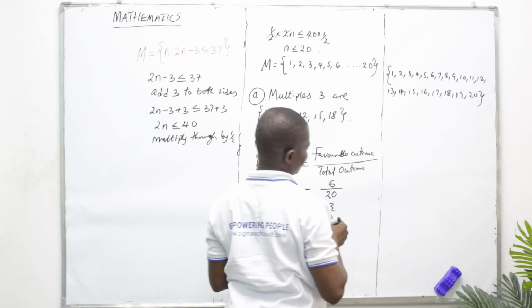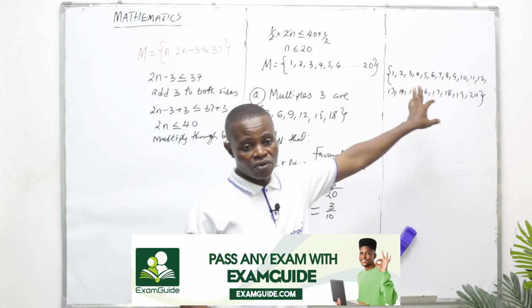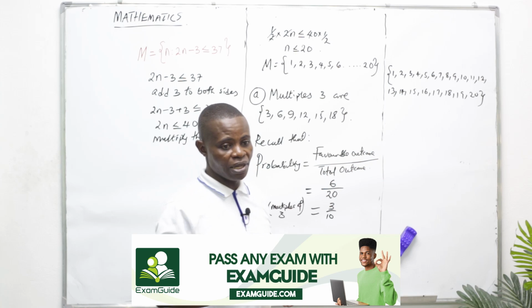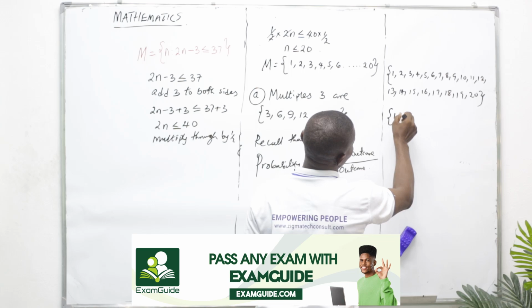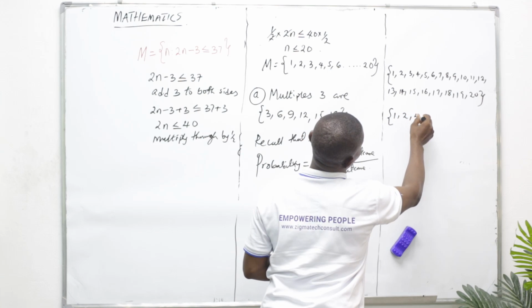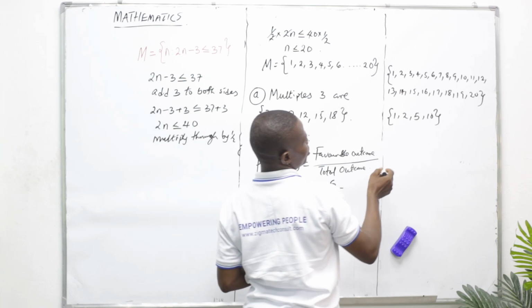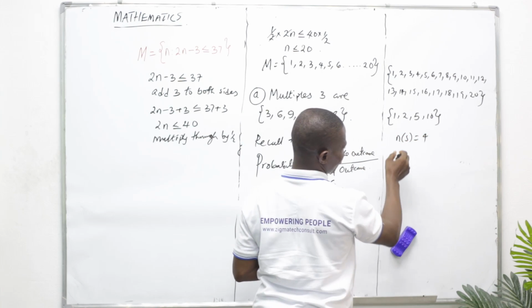This is all, have you? Okay. So look at the set of numbers we have here. From it, we are interested to get the factors of 10 alone. So the factors of 10 here, they are 1, 2, 5, and 10 itself. So the number of the sample space is 4.